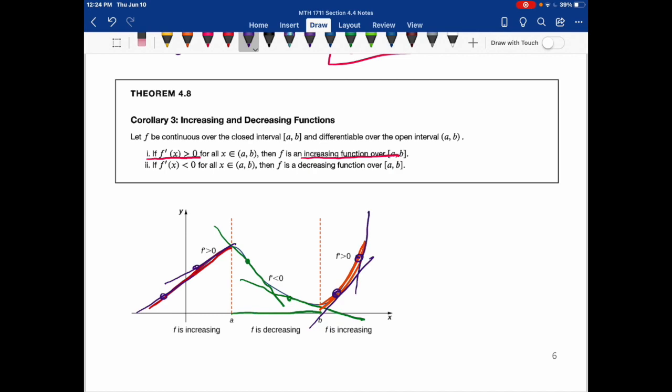No matter what point I pick on that interval, I'm going to have a tangent line that has a positive slope. So wherever the tangent line has a positive slope, the graph is increasing, which also means the derivative is positive. Wherever the graph is decreasing, that means the derivative is negative, and the slope of the tangent line on that interval has got to be negative. And that's what this theorem is saying.